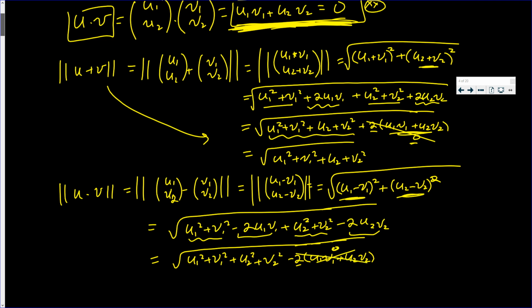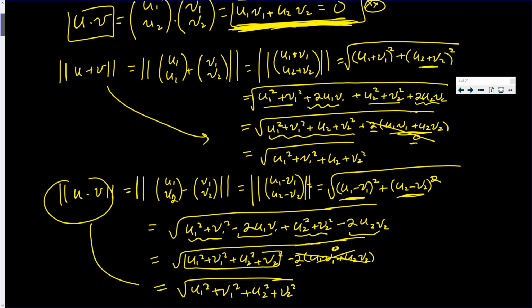That whole piece goes, so you're just left with the square root of u1 squared plus v1 squared plus u2 squared plus v2 squared. Okay, so this is equal to that.